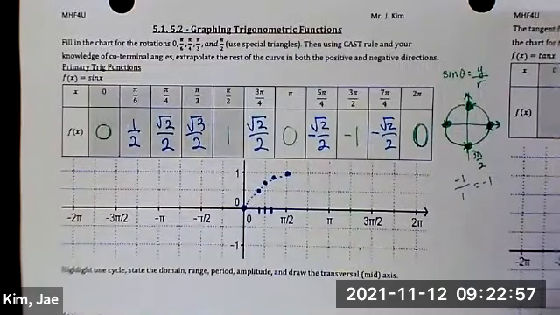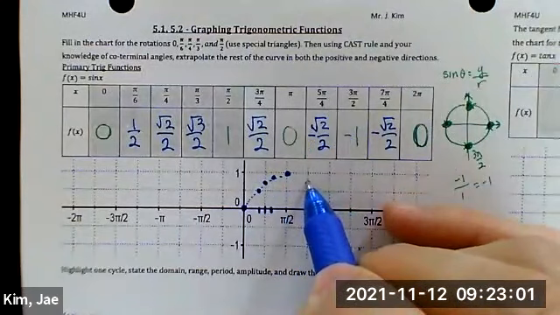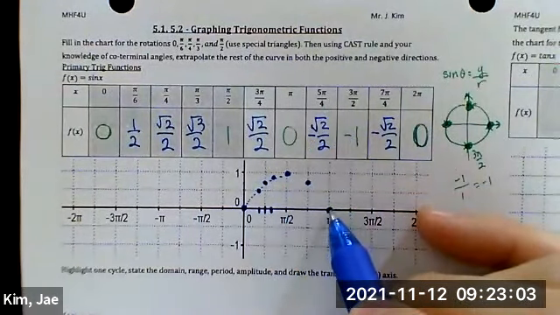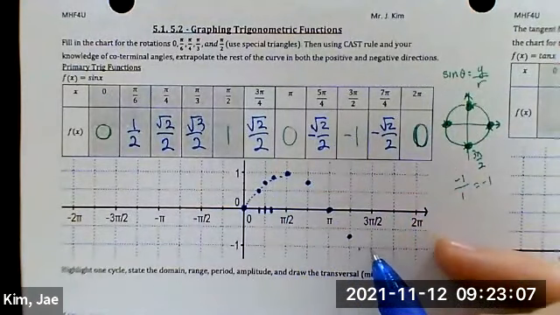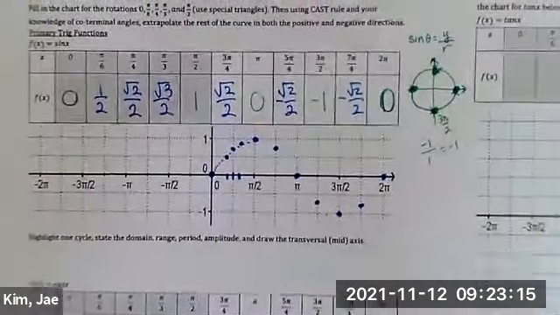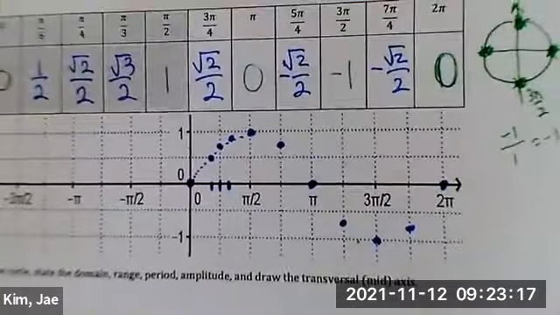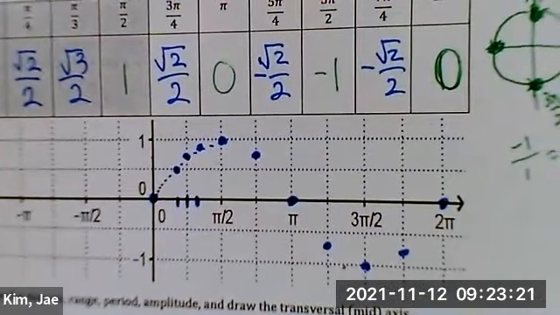If I were to graph this, we are getting here 0, -0.7-ish, -1. You get these points. I will wait for you to make a connection where all these points are.